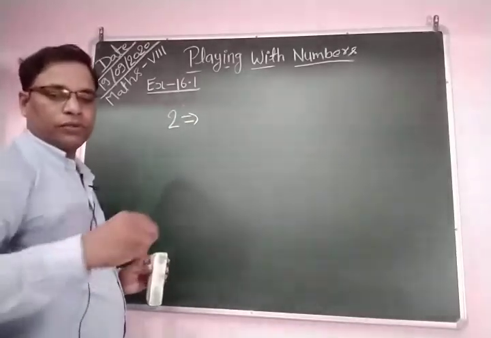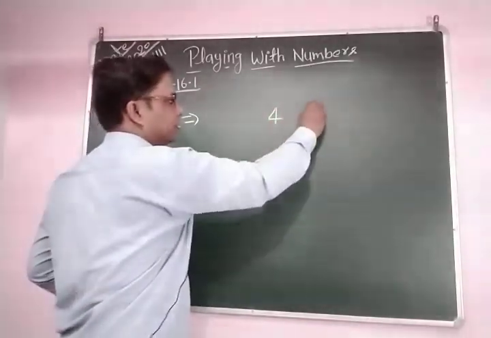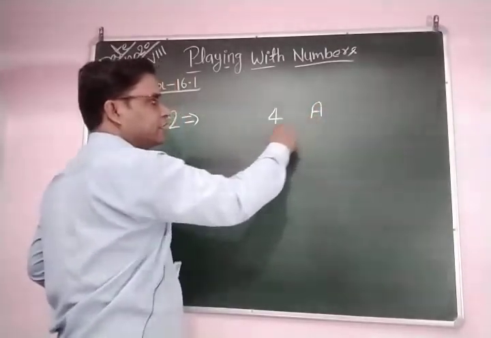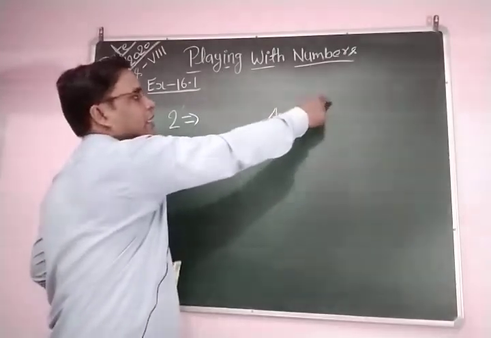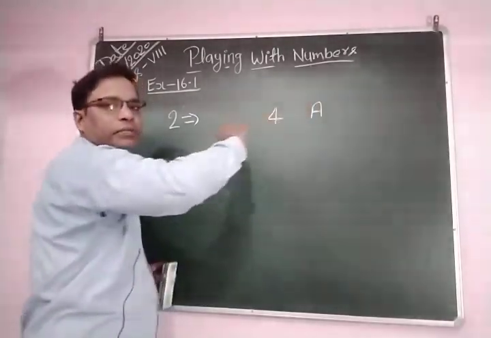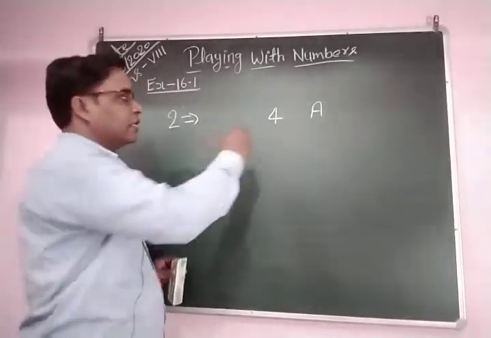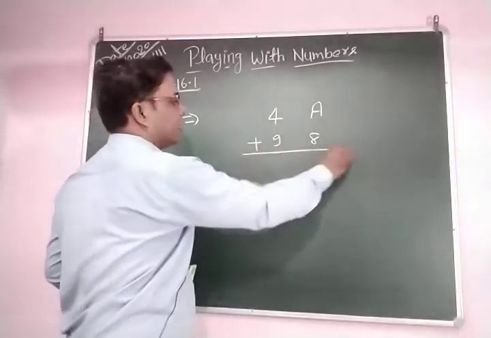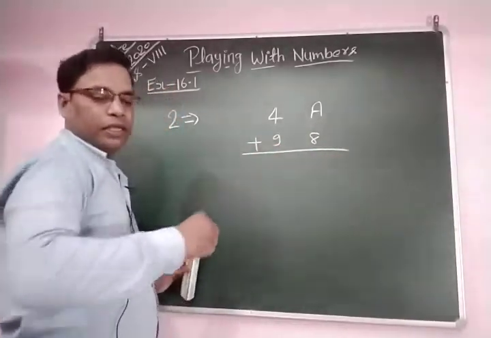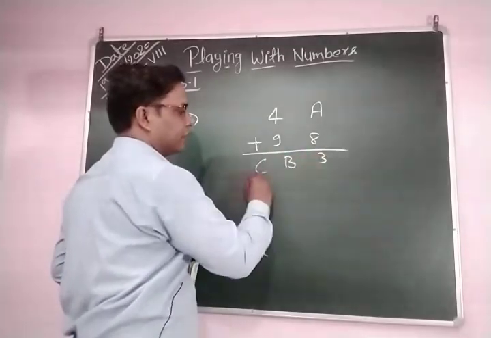This is question number 2. This is 4. This is A. This is the digit A, digit 4. Okay, not a number, this is digit 4. This is digit A. If you add something, it becomes a number. And plus 98, and the result will be CB3.